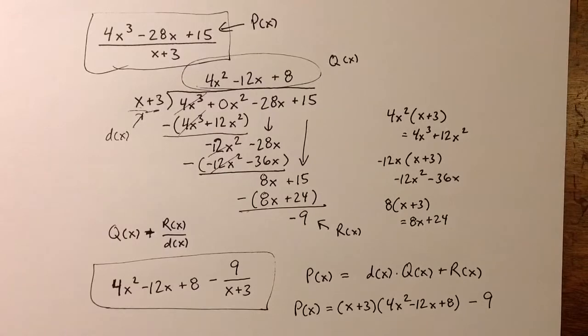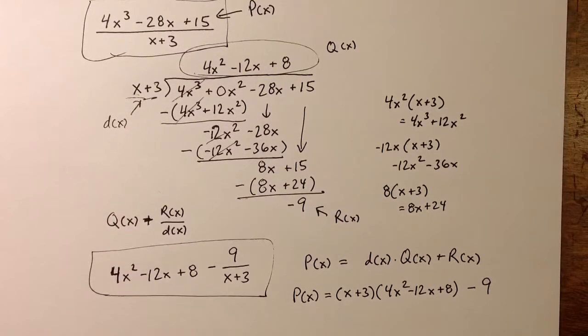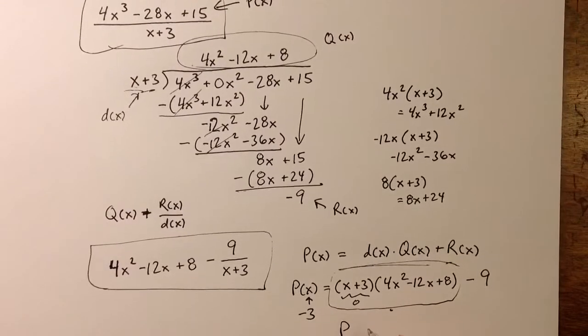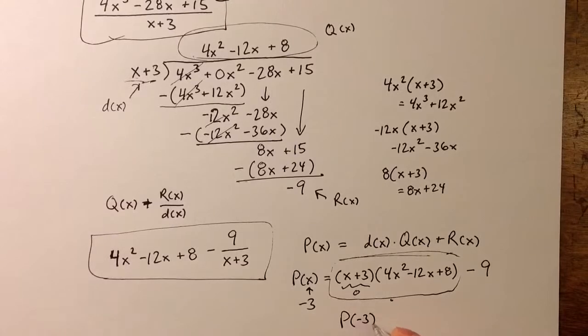And one thing that we can see from that form is that if I plug in negative 3 for x, that's going to make this part of the expression become 0, so that makes the entire part here, the quotient times the divisor, equal to 0. And so we can see from this form that p of negative 3, the value of the dividend at negative 3, has to equal the remainder.